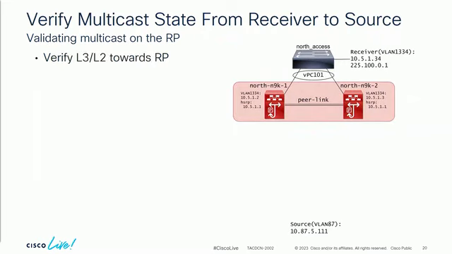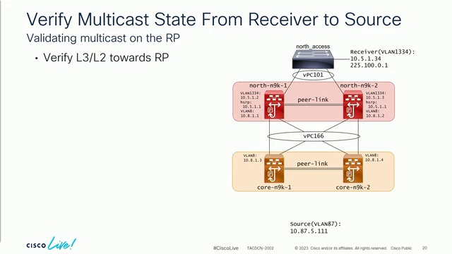At this point, we are connected to North 1 and North 2, and we need to go to the next hop towards the rendezvous point, which is 10.0.0.1. So I went ahead and updated the topology. We see there's a VPC link here, as well as layer 3 interfaces, VLAN 8. And remember, VLAN 8 had PIM sparse mode configured up here. So that's good. That's what we want to see. We're going to look at the config down here.